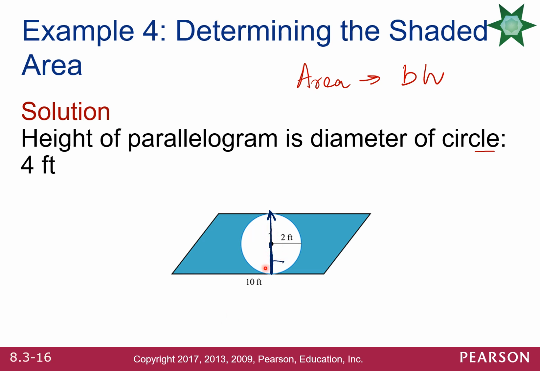The diameter is 2 times the radius, so that's what our height will be. Because the radius of the circle is 2 feet, the diameter is 2 times 2, 4 feet. So that's how they came up with the value for the diameter of a circle.